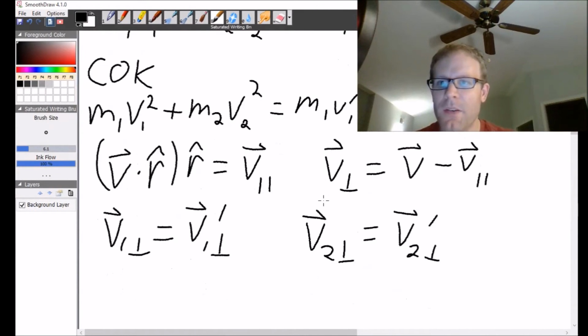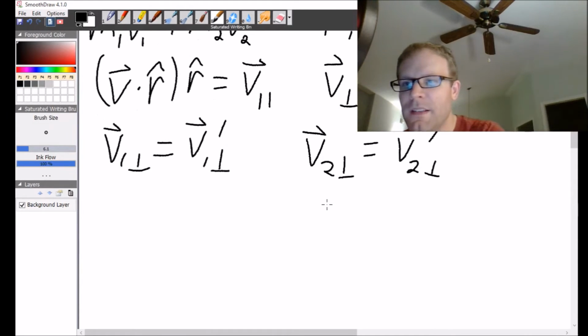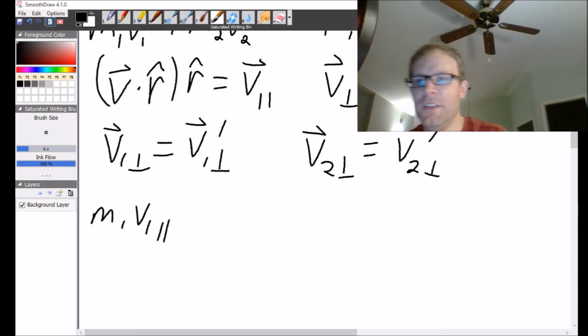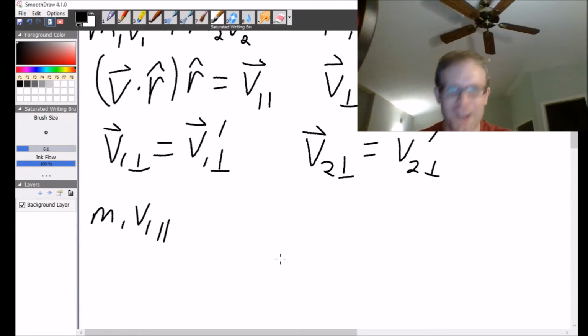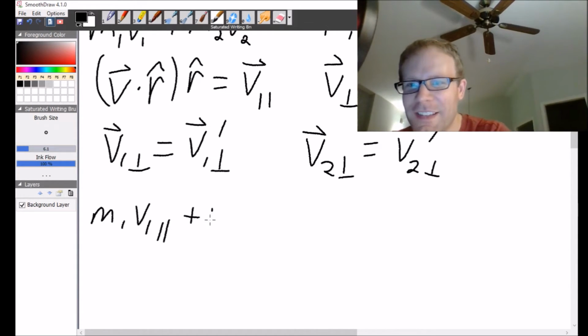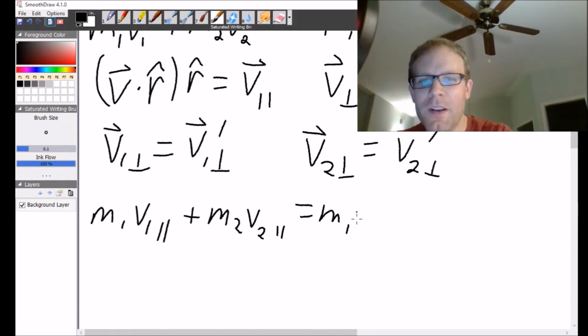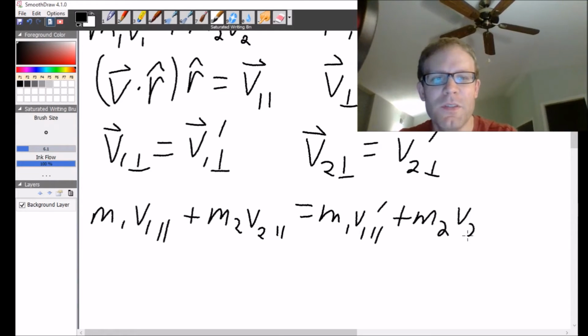So I can break up that equation, and I can say that m1 v1 parallel plus m2 v2 parallel is going to equal m1 v1 parallel prime plus m2 v2 parallel prime.